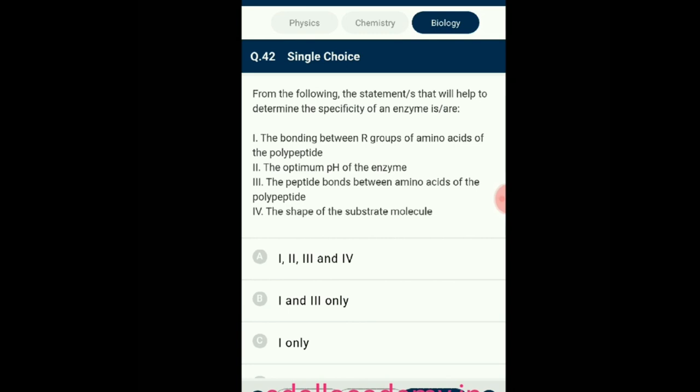Due to the R group, the bonding of polypeptide chain in enzyme will differ, resulting in the formation of various folds and bonds in its tertiary structure, enabling the making of the substrate binding site, which is highly specific. So the answer for this question is option C. From the given statements, statement 1 alone will help to determine the specificity of an enzyme.